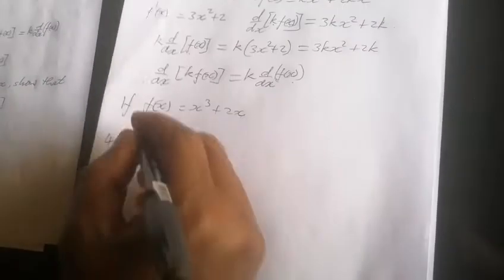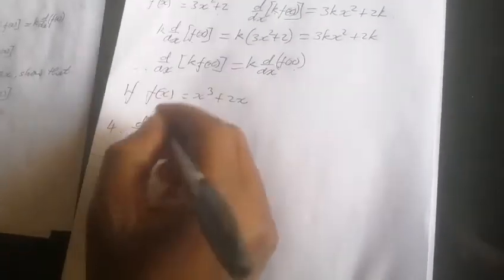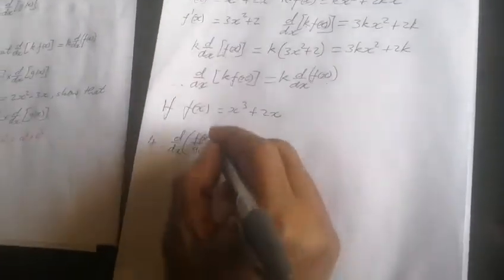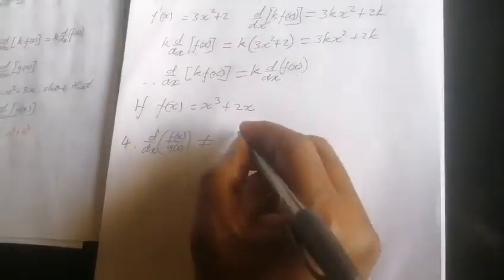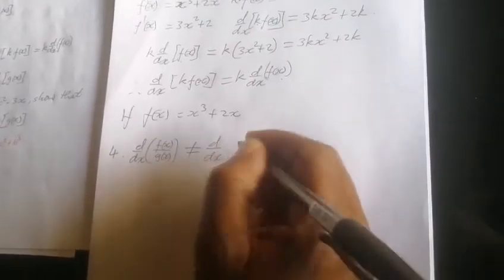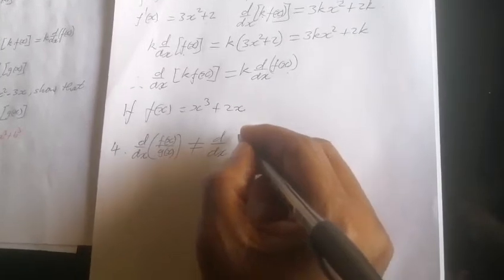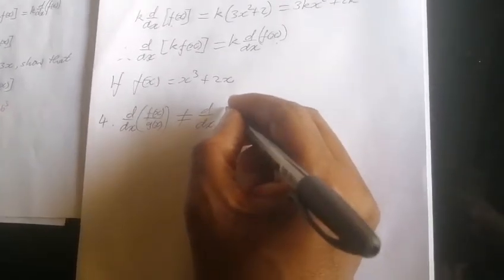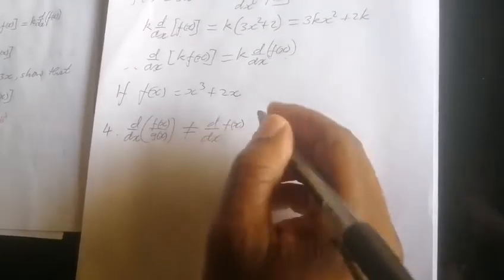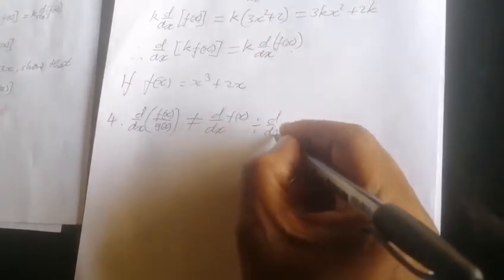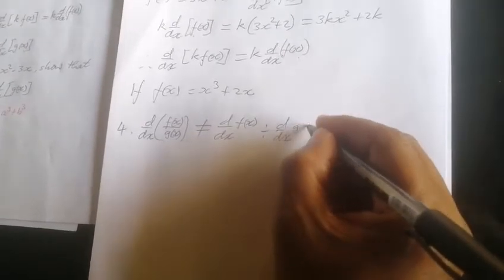Now we are saying, please notice that d dx of f of x divided by g of x is never equal to d dx of f of x divided by d dx of g of x.